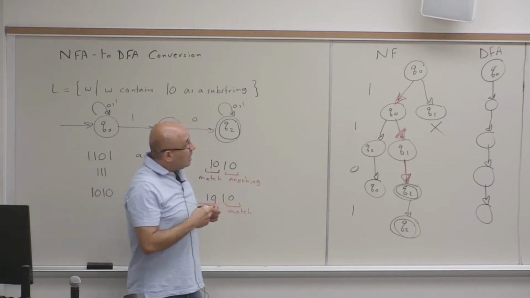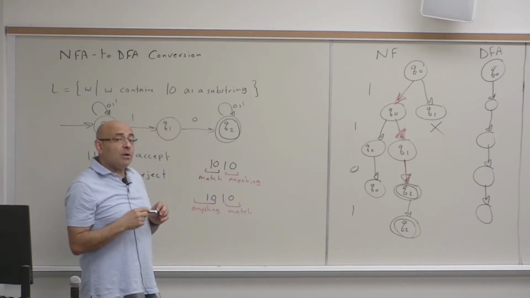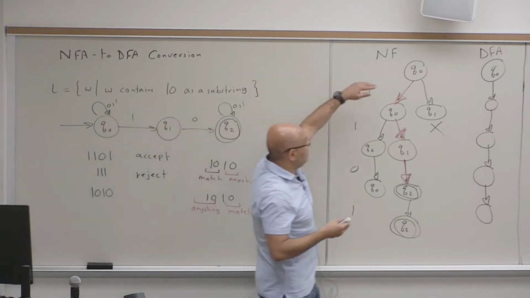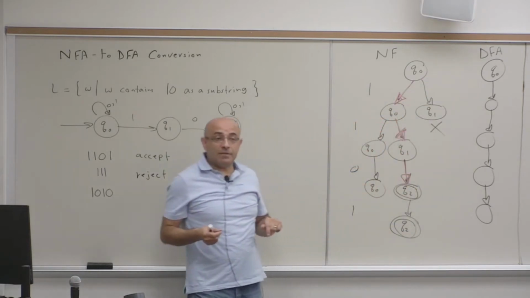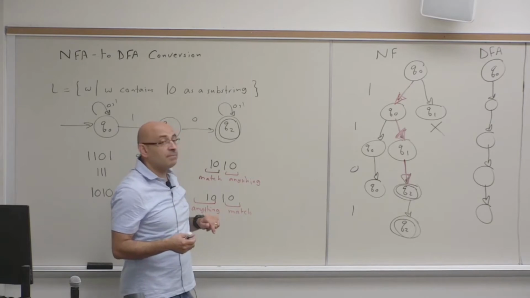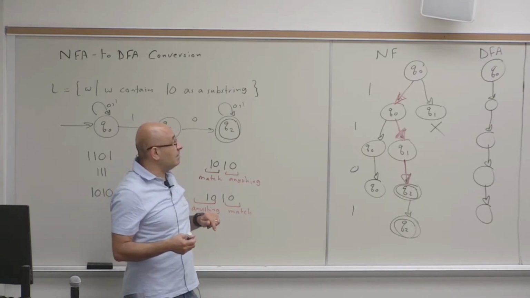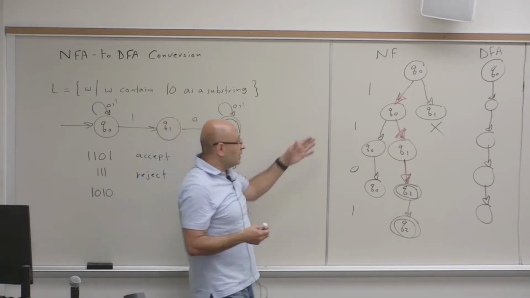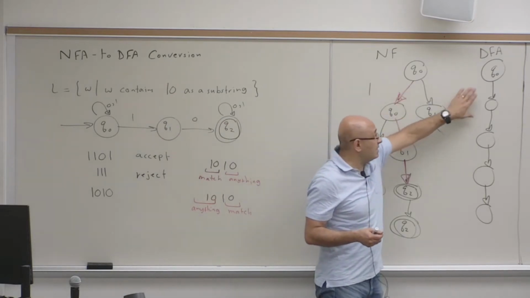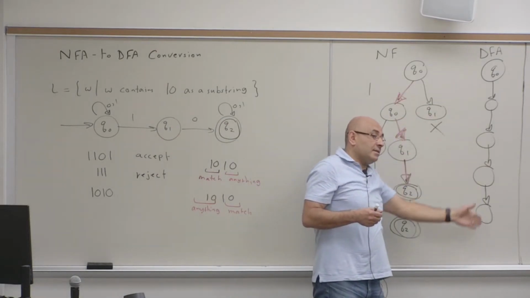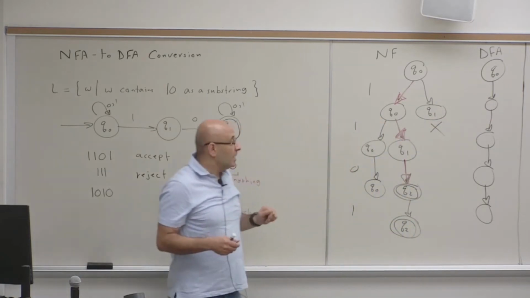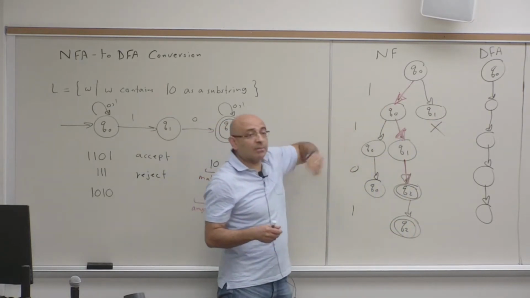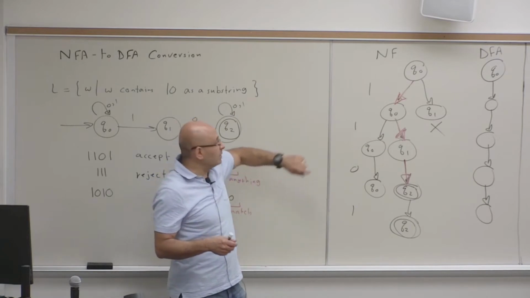But whether you are talking about an NFA or a DFA, what would be the depth of this tree? This is a tree that has only one branch at each point, and this is the tree that has multiple branches. But in both cases, what's the depth of the tree?